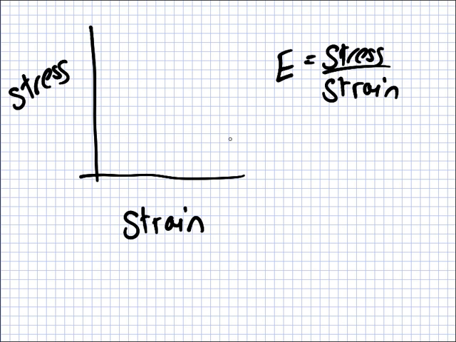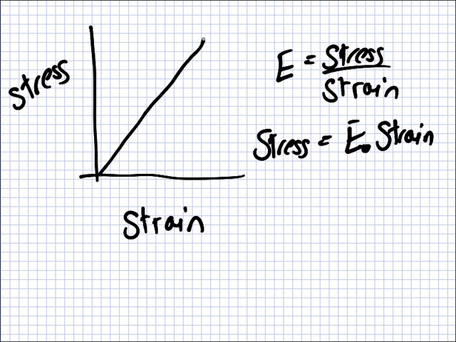In fact, you could write the formula as stress equals E, which is a constant, times strain. Did I get that right? I did. So what type of graph do I have here? It's a linear graph, isn't it? And what would be the slope of this graph? The slope would be E.